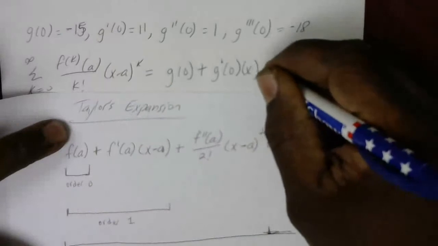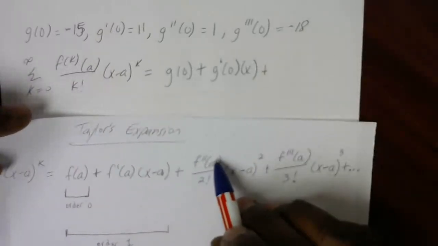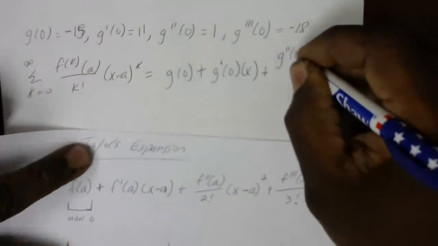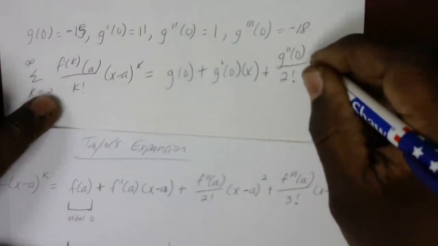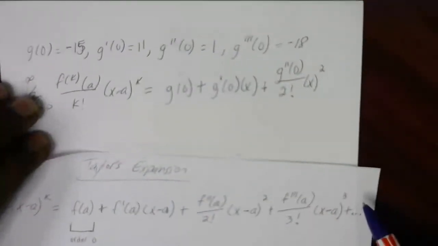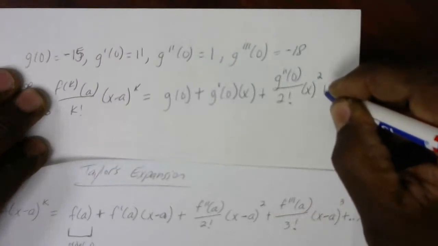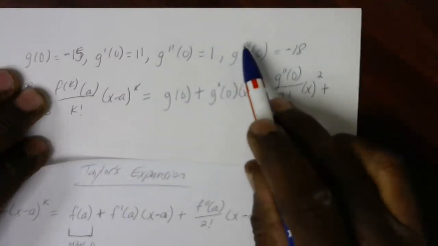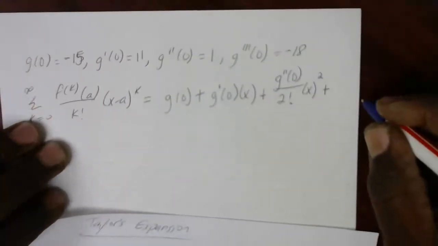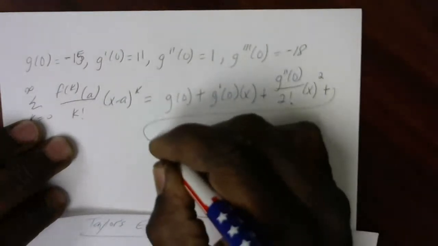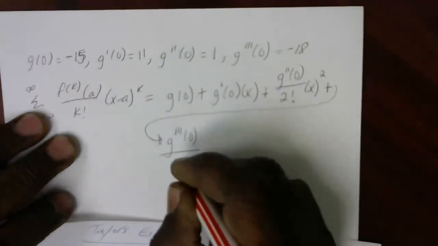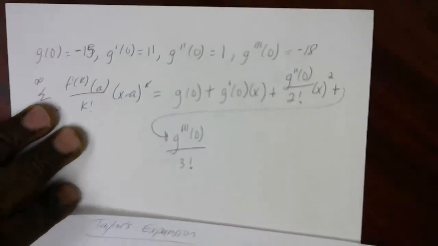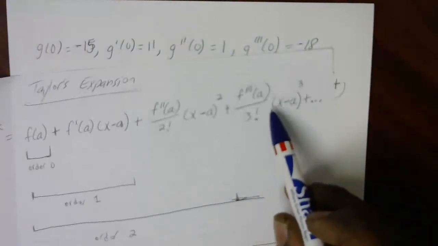plus g double prime of 0 divided by 2 factorial times x squared, plus g triple prime of 0 divided by 3 factorial times x cubed.